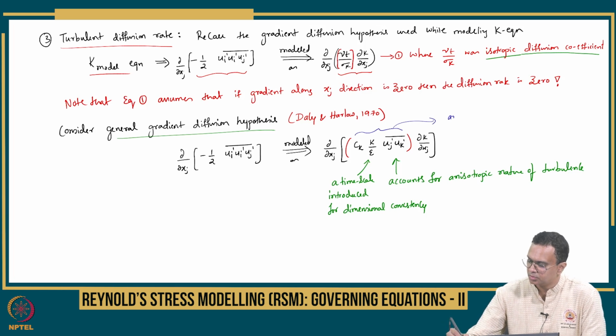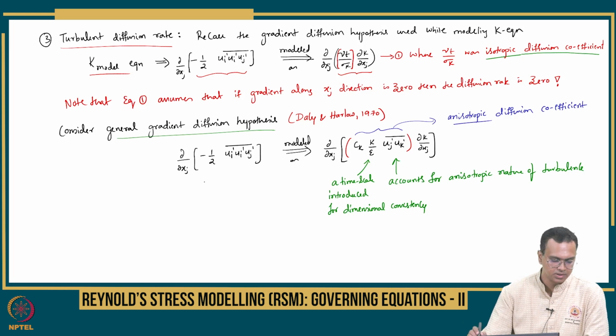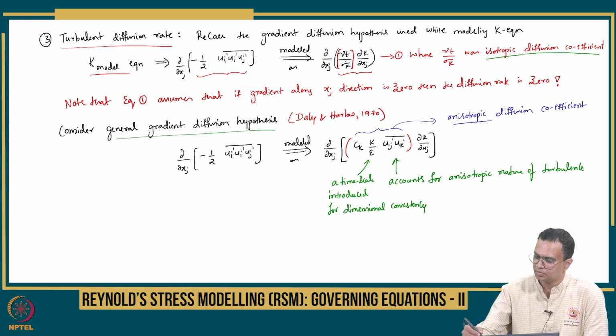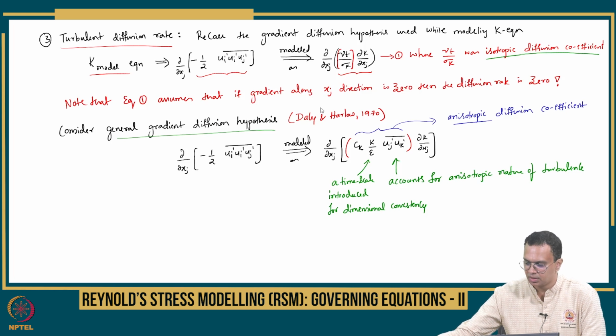This is your anisotropic diffusion coefficient. The dimensions have to be the same on both sides. If you look into it, it has to be consistent. Whatever has appeared here, instead of mu t by sigma k, you would get the same dimensions as mu t by sigma k. So this is the idea of introducing an anisotropic diffusion coefficient in the k model equation.